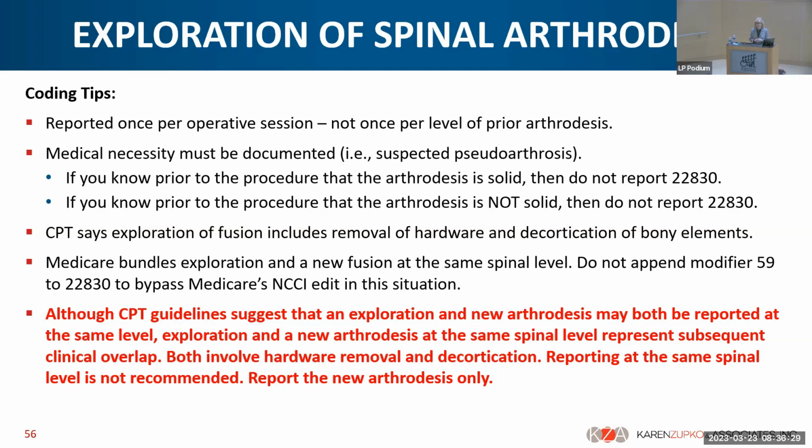Medicare bundles it anyway. So if your institution is going by Medicare rules, it would not be an option for you as well. But if it's at the same area and maybe just an adjacent level or incorporating the old level, we're never going to bill for it because the clinical work is the same.